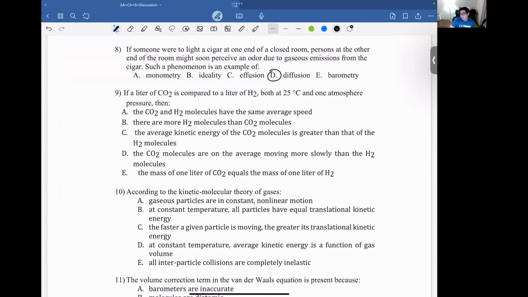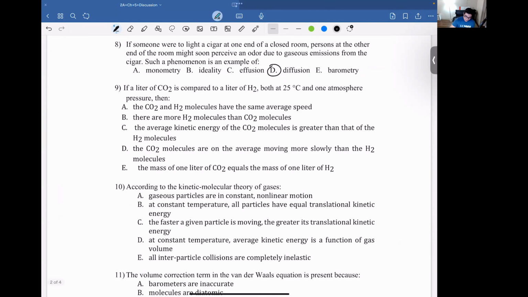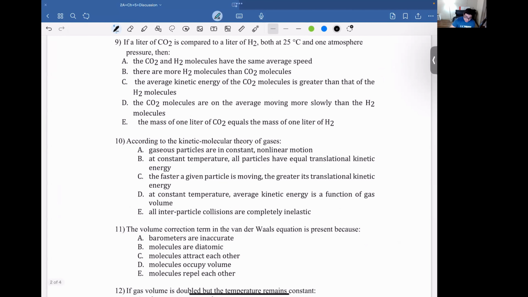One example is a cigar, or if you spray Febreze or an air freshener in your room, you have a high concentration wherever you spray it, and then it slowly spreads out throughout the room. That is the process of diffusion, going from a high concentration to low concentration.